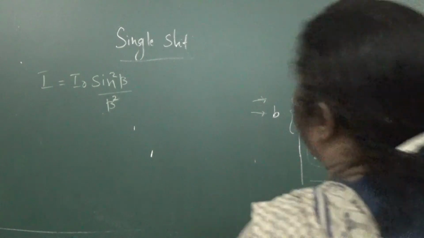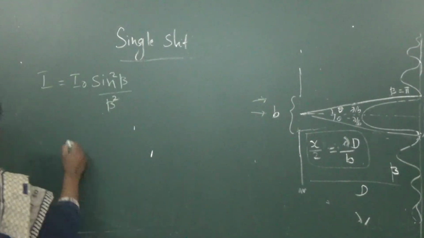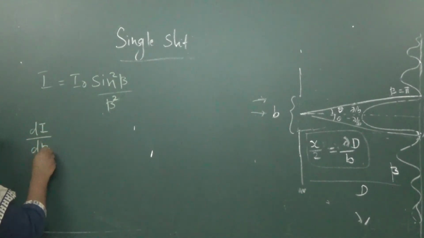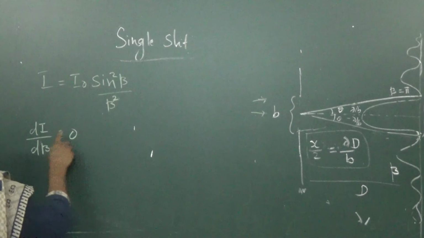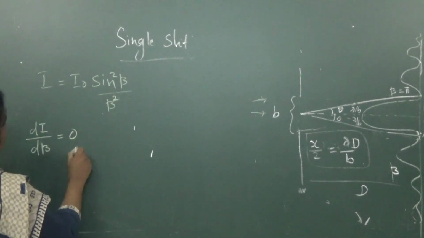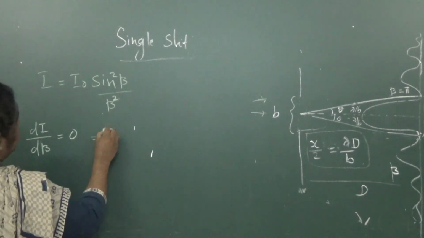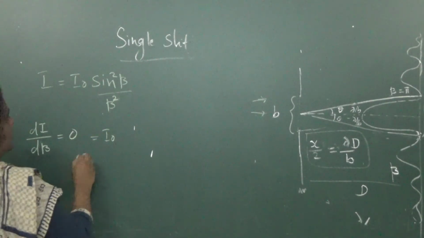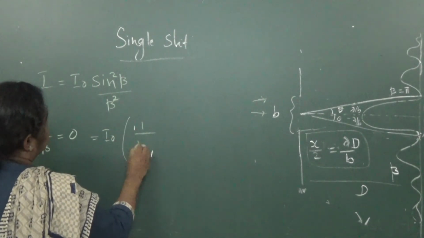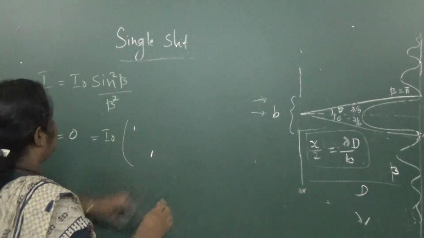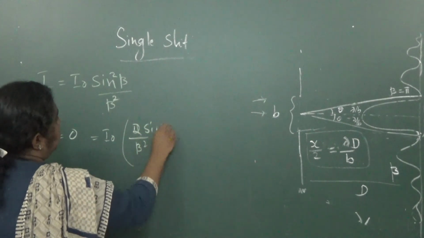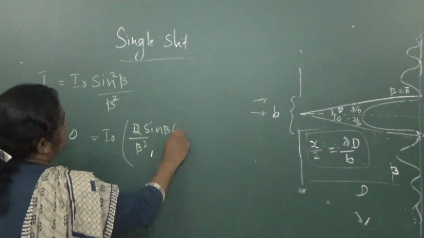Okay, we will do once more. So at maxima and minima, dI by dβ is equal to 0. To take dI by dβ of this, you take the u by v function. So if you do like that, then you will get I0 is there, so 1 by beta. So we will do first sin square: 1 by beta square, 2 sin beta, right? So 2 sin beta cos beta.